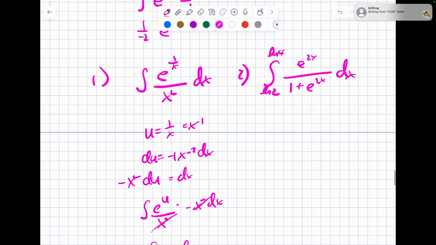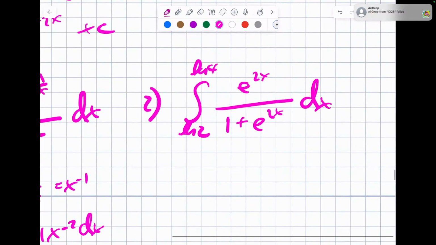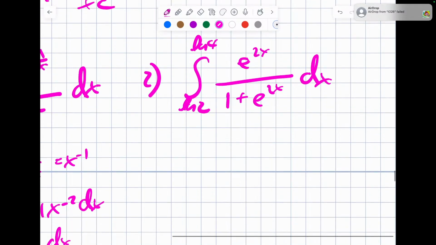Okay, so for this one, you cannot do u equals 2x. Anybody try to do u equals 2x? That's not going to work because du is 2, and that doesn't make the problem easier. Actually, u is going to be this part, and I'm going to say this again. I'm going to start taking points off if you convert back to x.